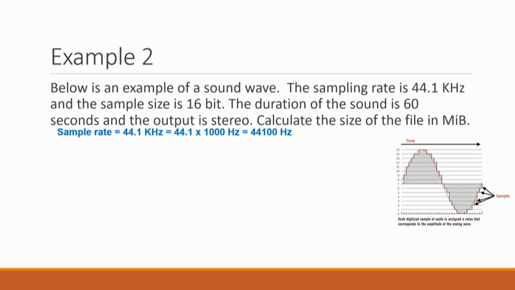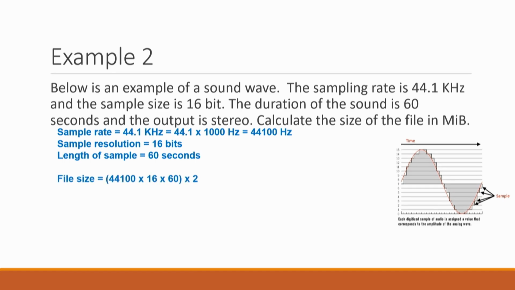The sample rate is 44.1 kHz, that is 44,100 Hz. The sample resolution is 16 bits, and the length of the sample is 60 seconds. Let's not forget the type of audio that we are working with. It is a stereo sound, and hence we have two channels to consider.